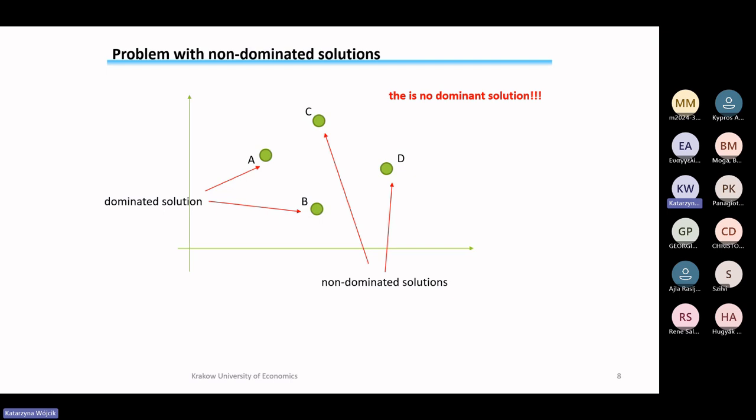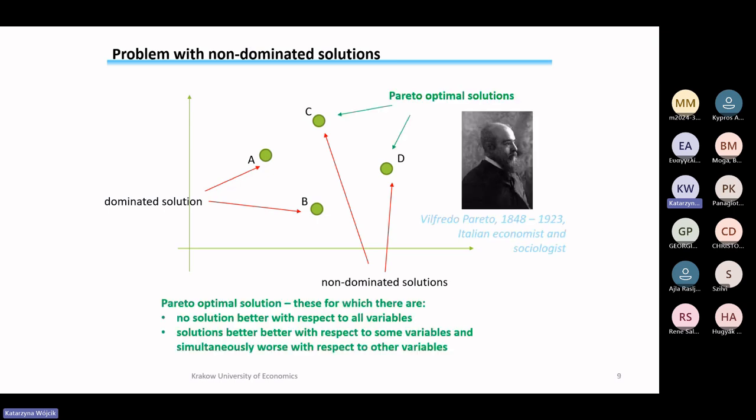We've got, of course, some dominated solutions because they've got worse values of parameters in both cases, like A and B, but both C and D are non-dominated solutions, and neither of them is obviously superior to the other.